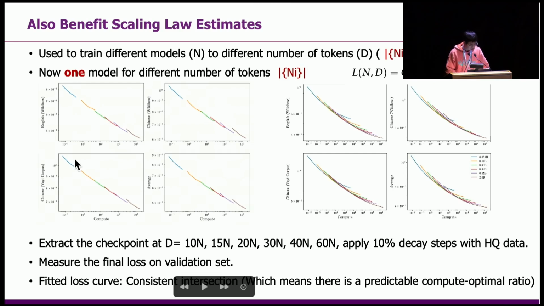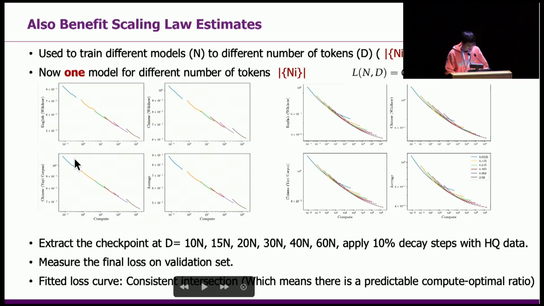And it also benefits the scaling law estimates. When we used to do the scaling law studies, we needed to train different models to different numbers of tokens. So the scaling law is along two horizons: one is the model horizon, one is the data horizon. And now we only need one model for different numbers of tokens.